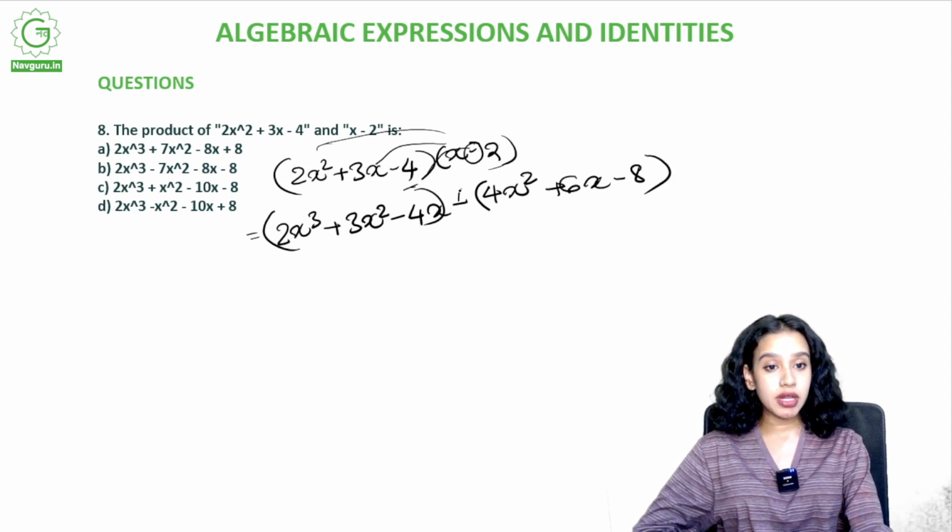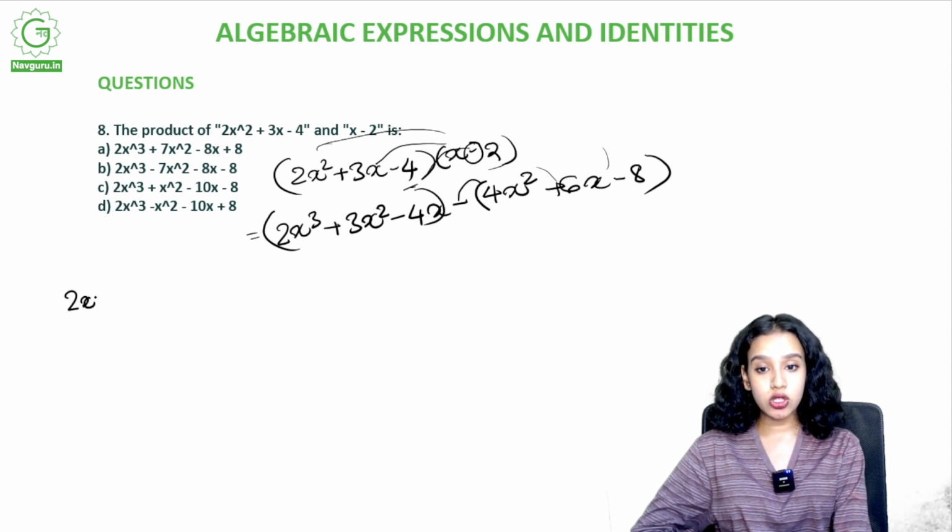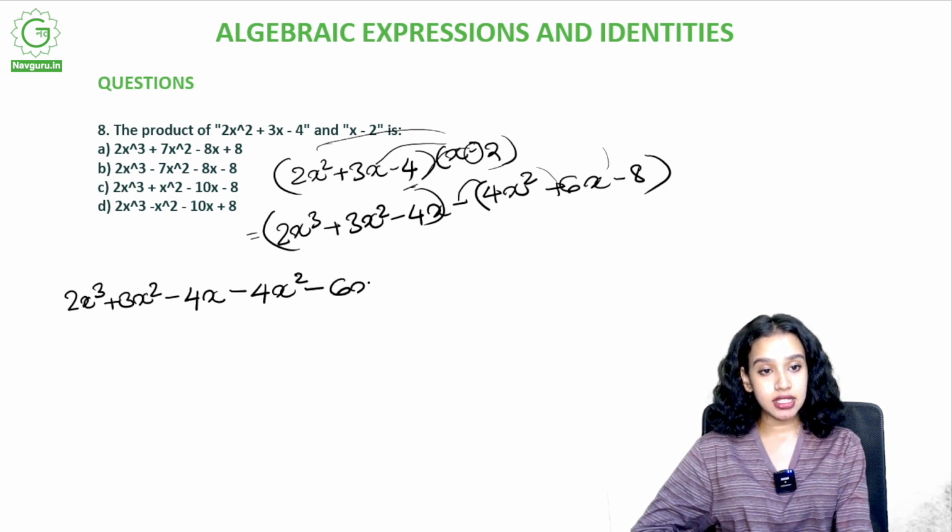Now let's multiply the negative inside of every term, right? So we have 2x cube plus 3x square minus 4x, minus 4x square minus 6x minus 8, right?